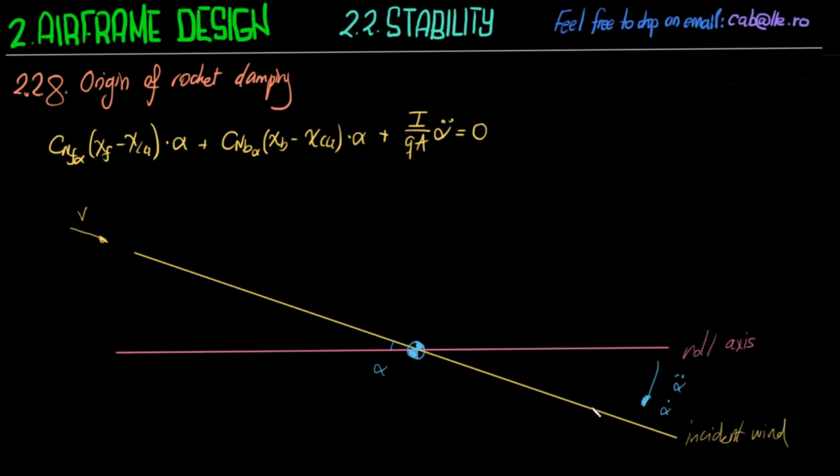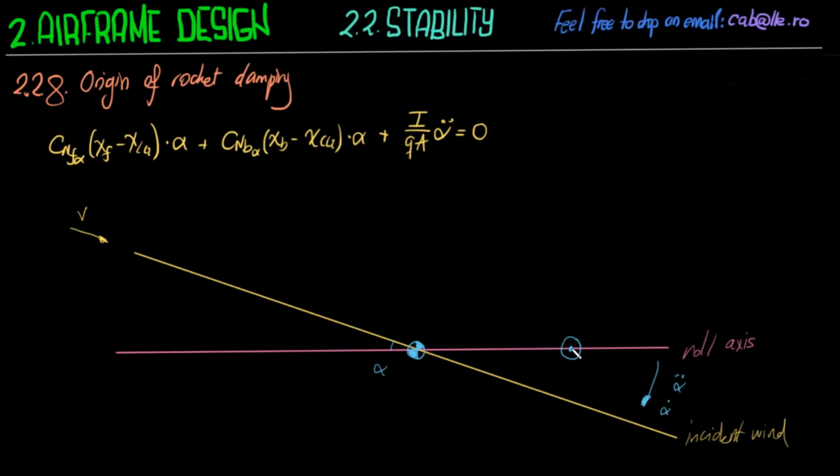Then, if we take a look at what's happening in the fins, for example, we have their aerodynamic center here. Well, the rocket is moving. It's at an angular velocity alpha dot.